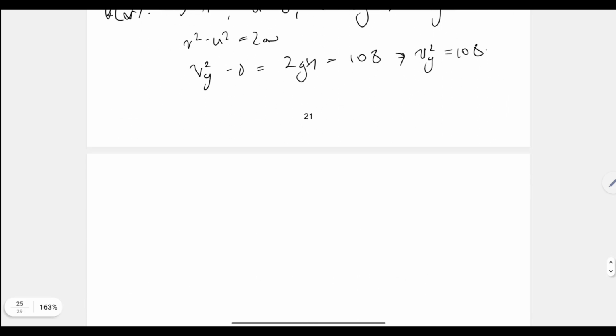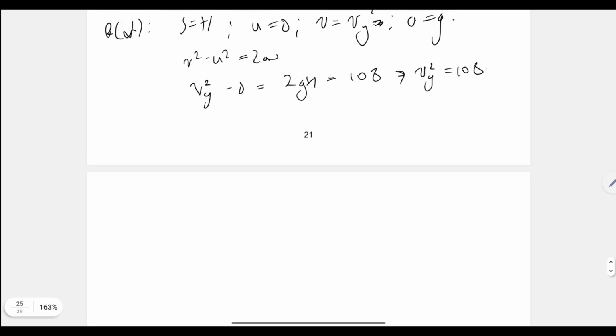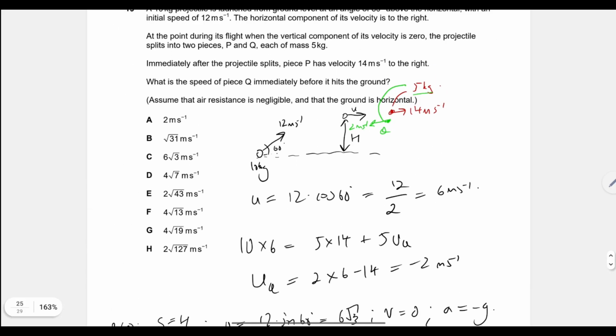So vy is going to be root 108. So when q hits the ground, it's got 2 meters per second that way because the horizontal component doesn't change, and then vy that way.